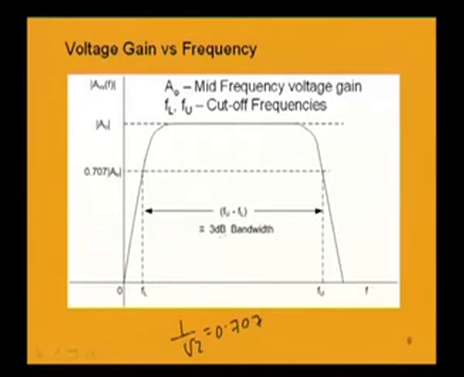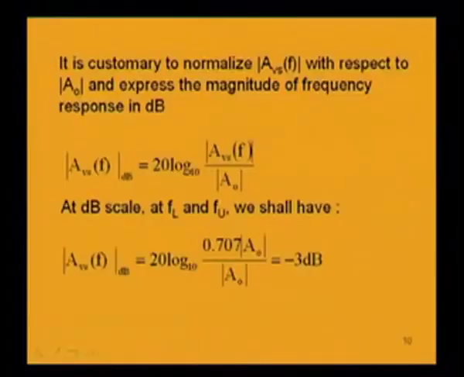We are writing it in decibel, and this is a particular unit which is obtained from a ratio and taking its logarithm to the base 10 multiplied by 20. That is 20 log to the base 10 of the ratio between the gain and the gain at mid frequency, as is shown here.